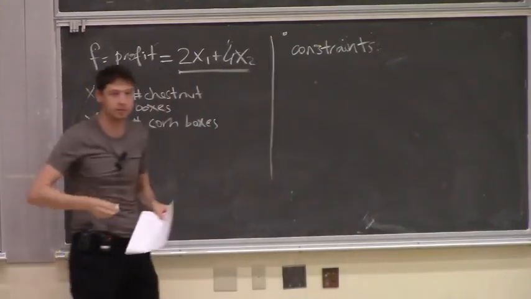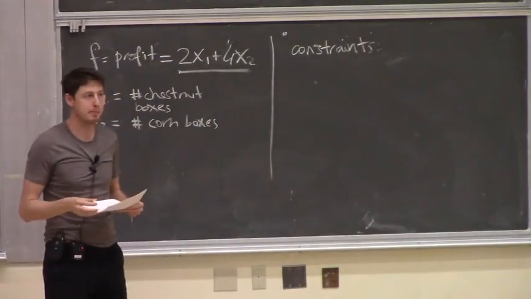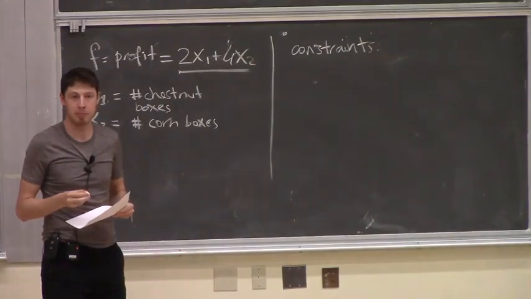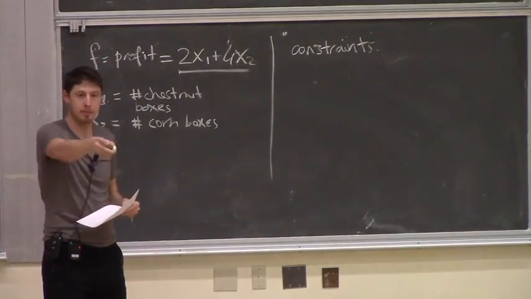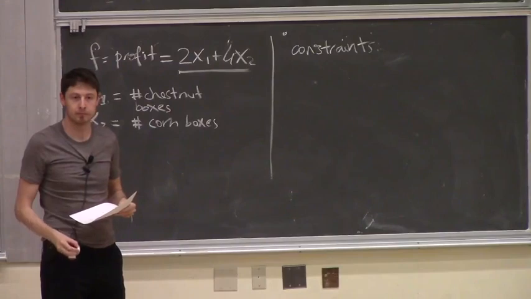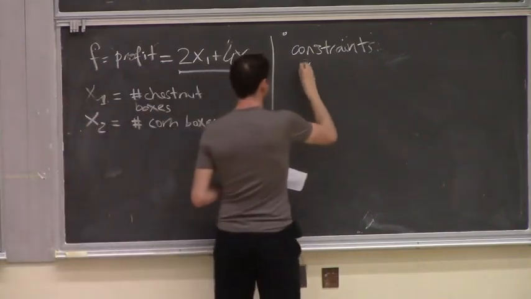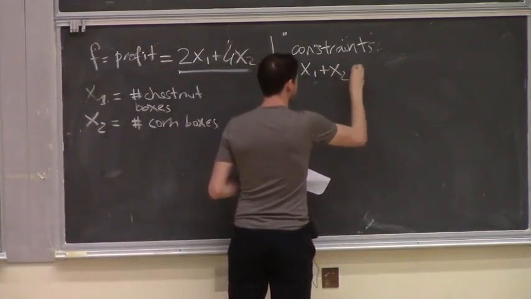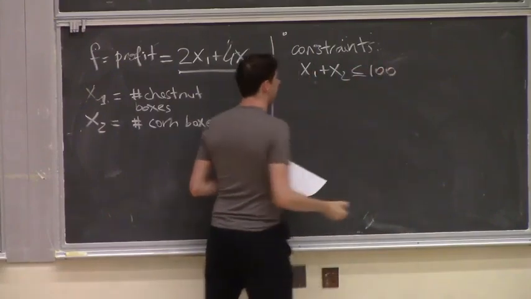So what are some constraints? Yeah, x1 plus x2 is at most 100. Why?